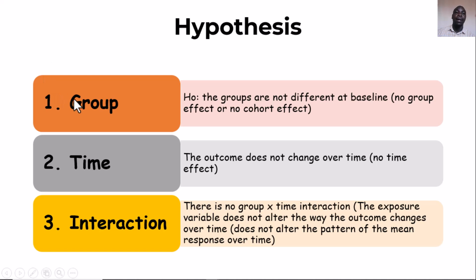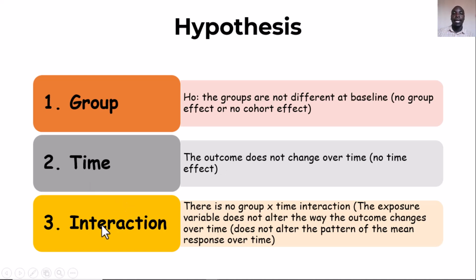One relates to group, another to time, and the third to the interaction between group and time. For group, we are hypothesizing that the groups are not different at baseline, or there is no group effect or no cohort effect. Whereas for time, the hypothesis is that the outcome does not change over time. Time has no effect on our outcome.